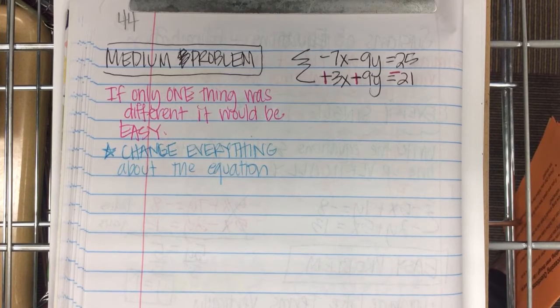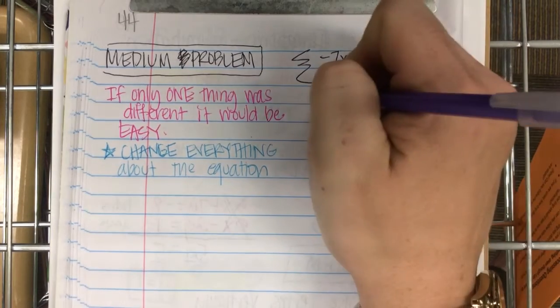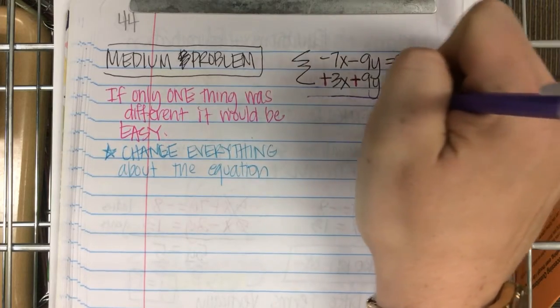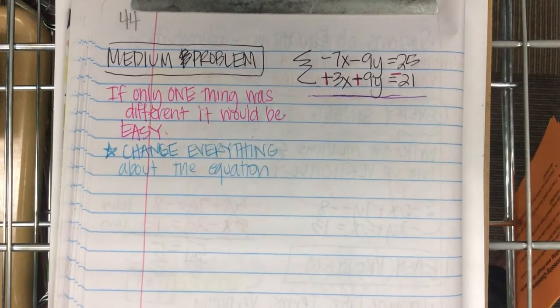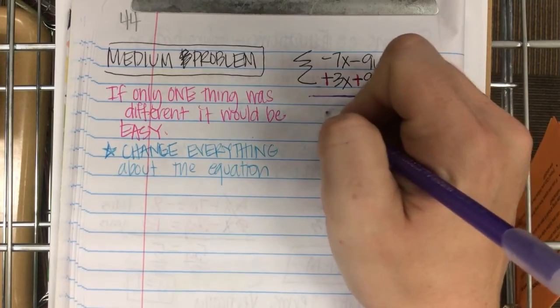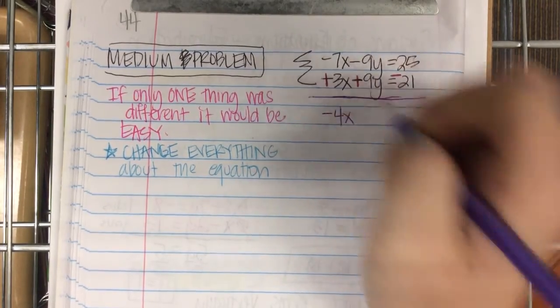So now, knowing the rules that we just practiced on page 1 of the notes, let's combine like terms. -7x plus 3x is -4x, right?